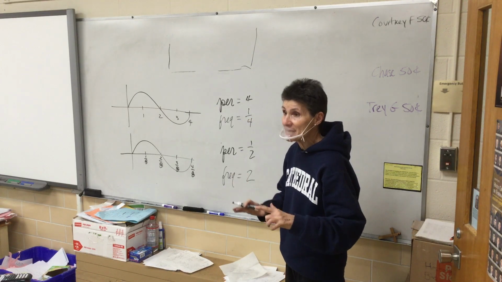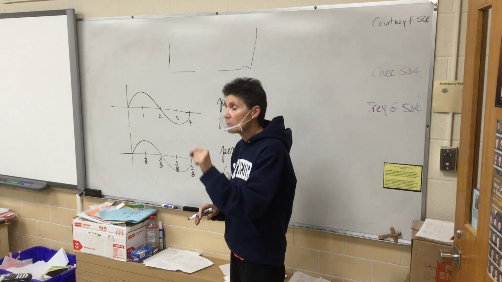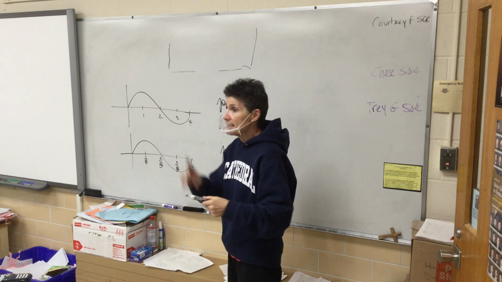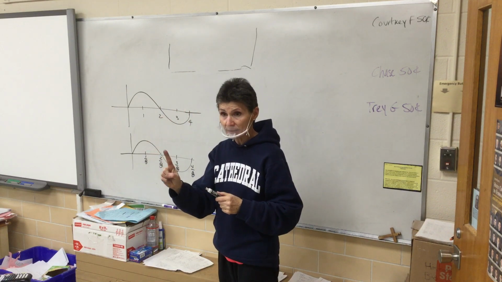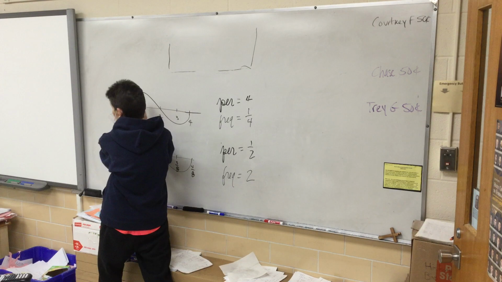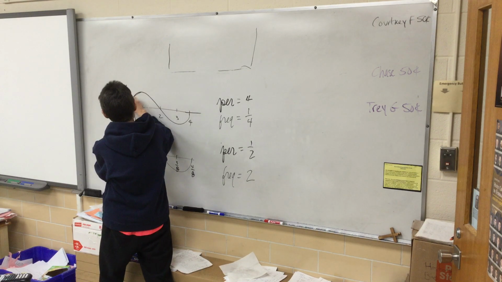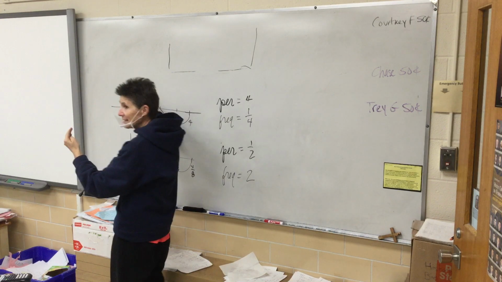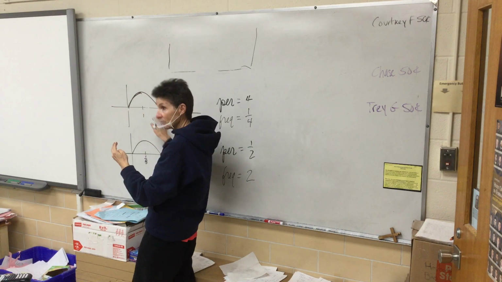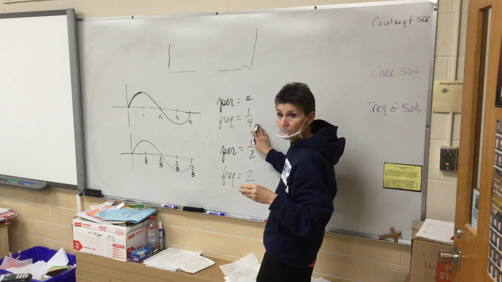Now, what does that mean? Frequency is the number of periods that you can draw in 1 unit of length. So if I look at just 1 unit of length in this top picture, how many periods can I draw? Well, I can't even draw a whole period. I can only draw 1/4 of it, so the frequency is 1/4.